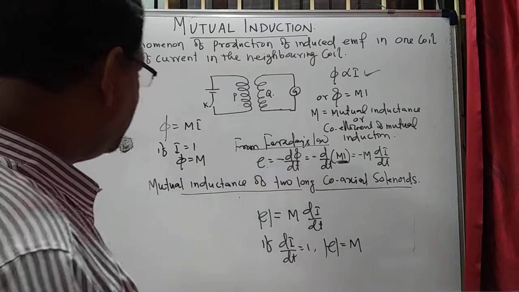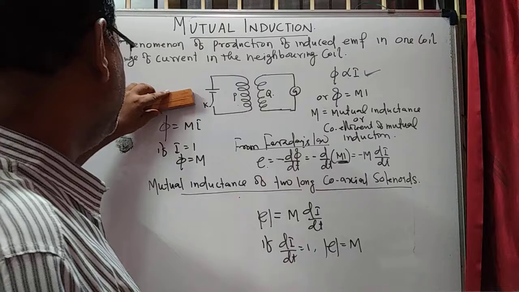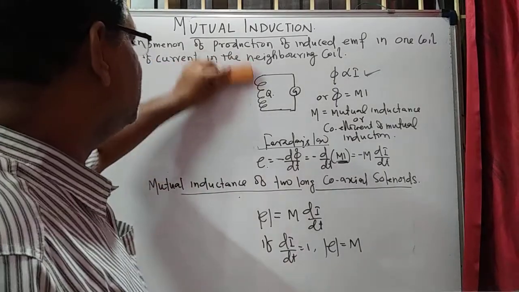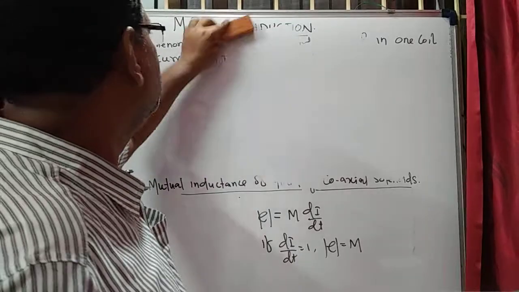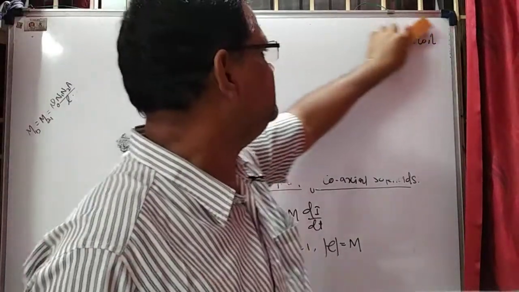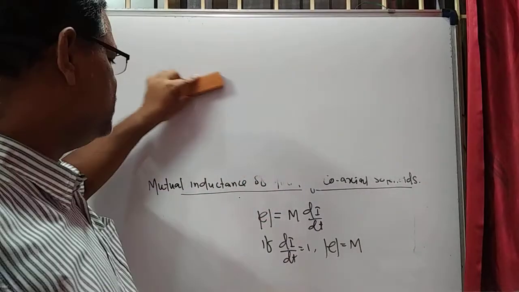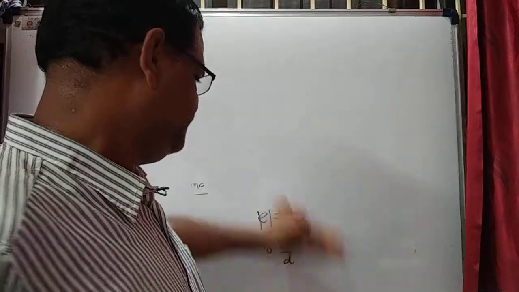And now we have to find the mutual inductance of two long coaxial solenoids. We have two long coaxial solenoids.